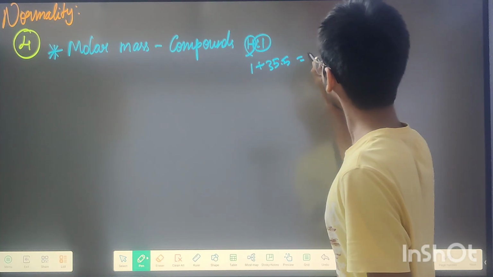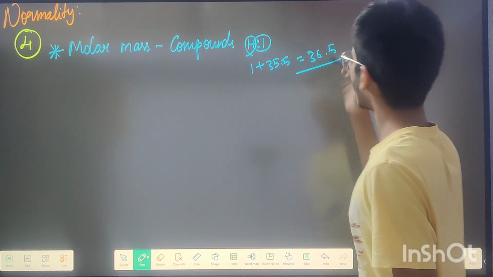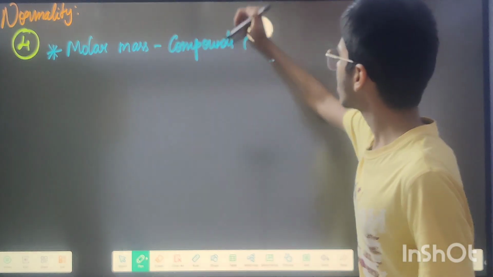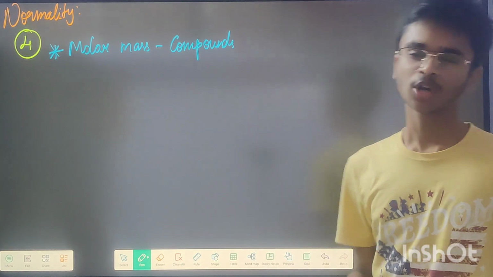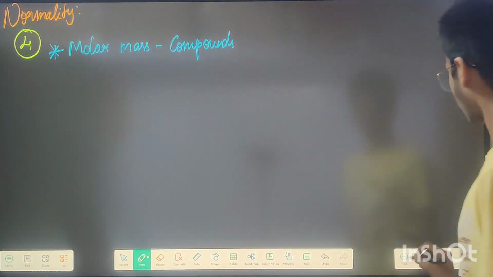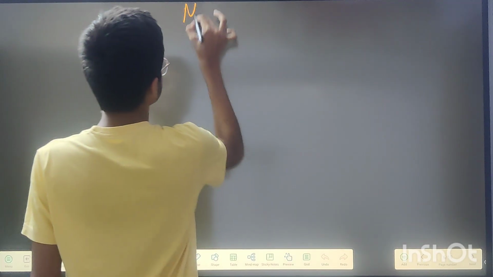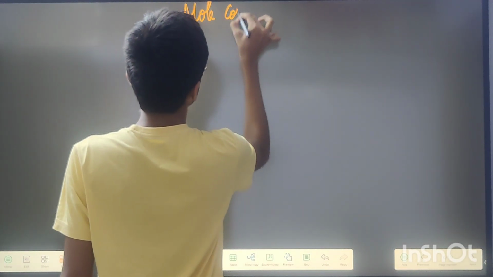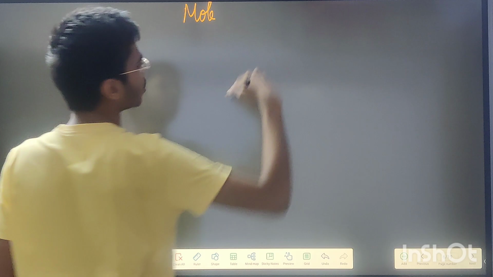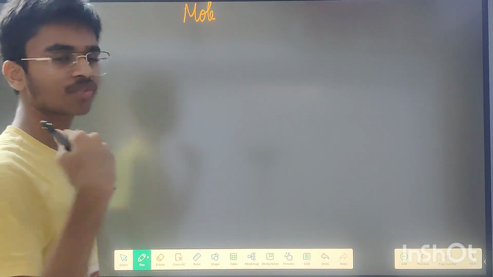So it is going to be 36.5 as its molar mass. So what is this molar mass? First we will come to the mole concept. I said I will make a separate video in the last video, but I am not going that deep. We will stop at the surface itself.